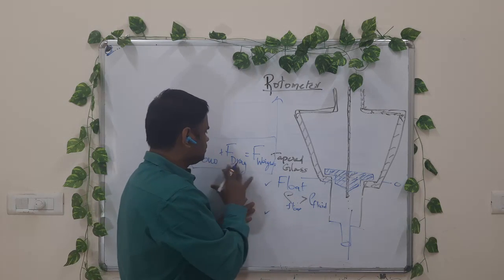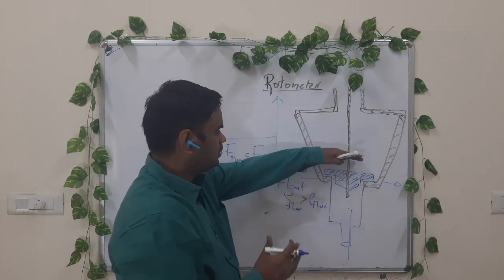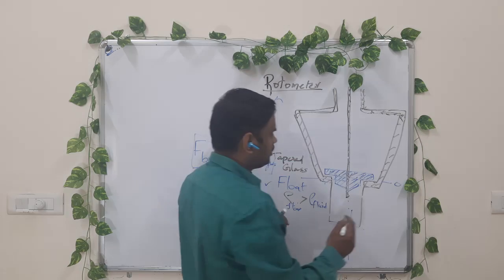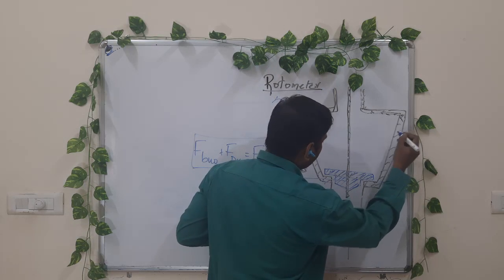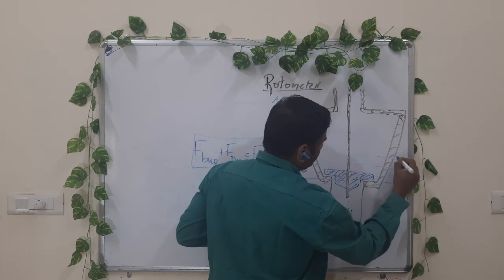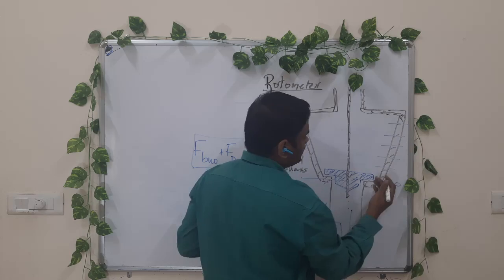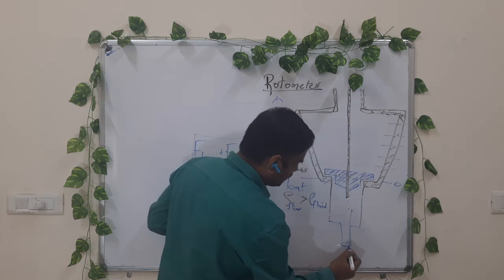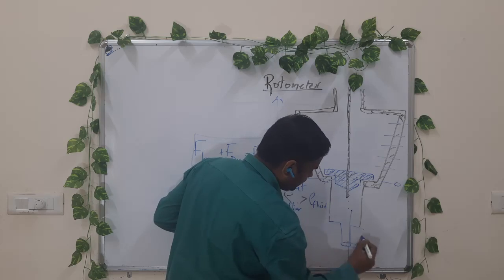So these three forces are coming into the picture. At equilibrium, these two will be equal to this, and that will be the rest position, and that corresponds to a particular volumetric flow rate. So we will have a calibrated scale over this tapered glass itself, such that we will be able to readily measure the volumetric flow rate. Let me say we have a valve here.